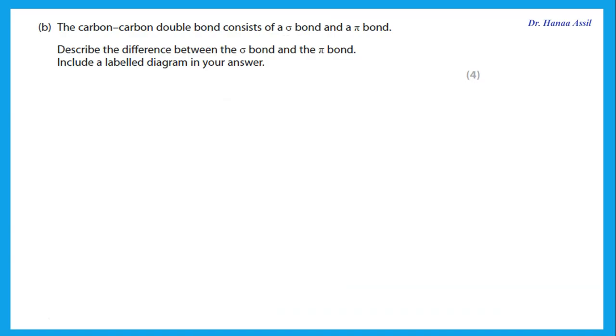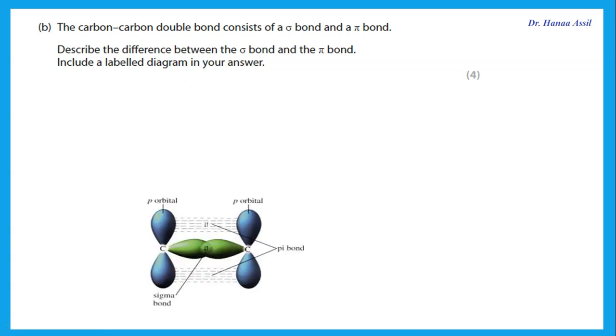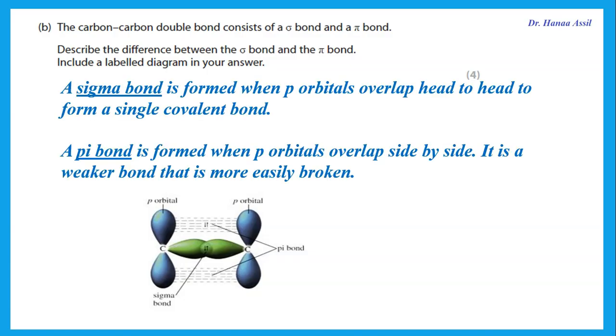The carbon-carbon double bond consists of a sigma bond and a pi bond. Describe the difference between sigma bond and pi bond. Remember that any single bond is sigma, but a double bond is made up of a sigma and a pi bond. The sigma bond is formed when p orbitals or sp orbitals overlap head to head.